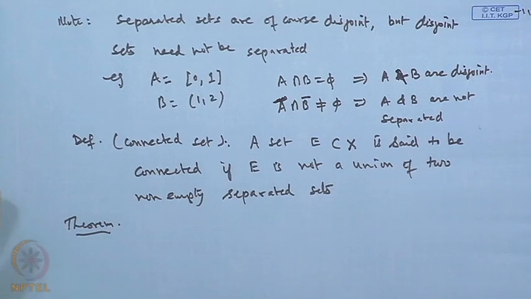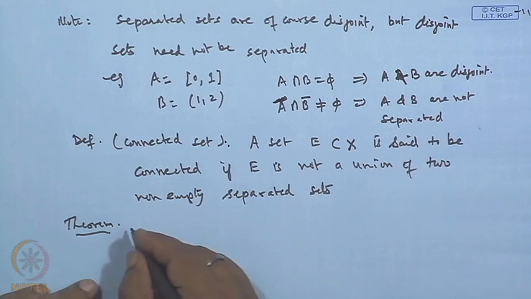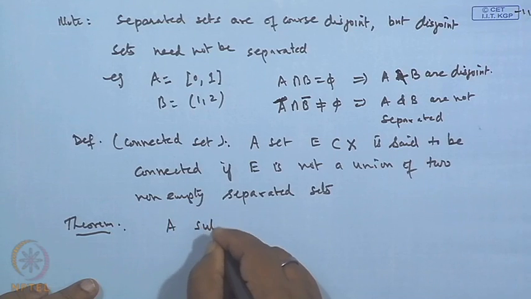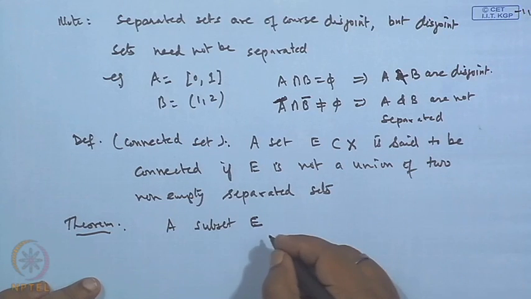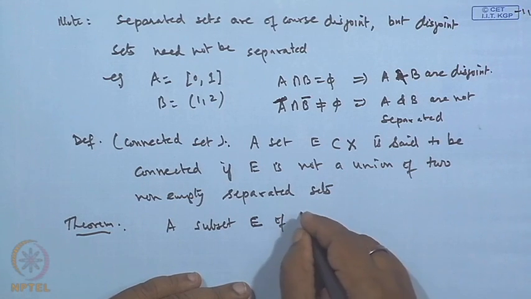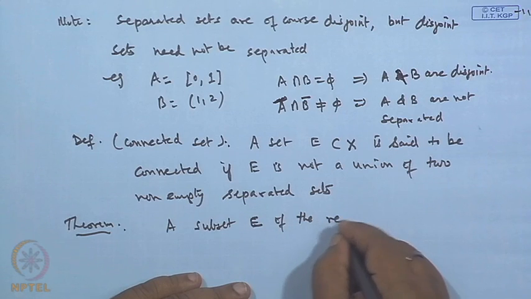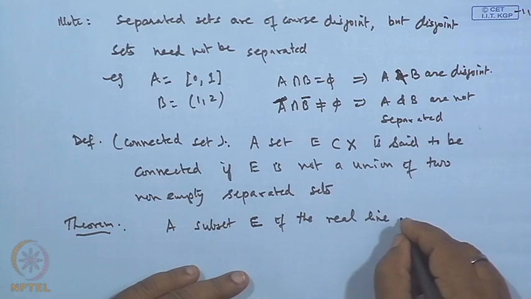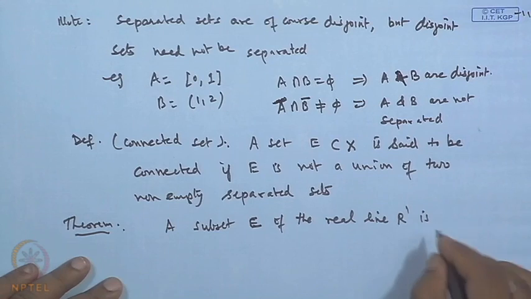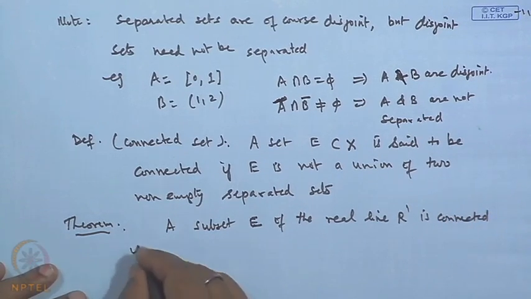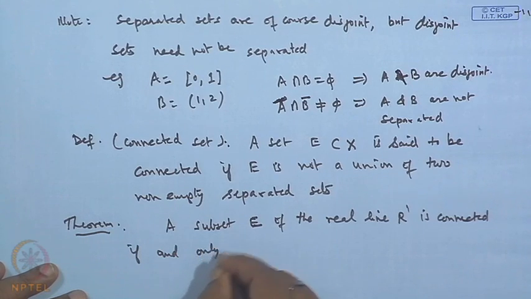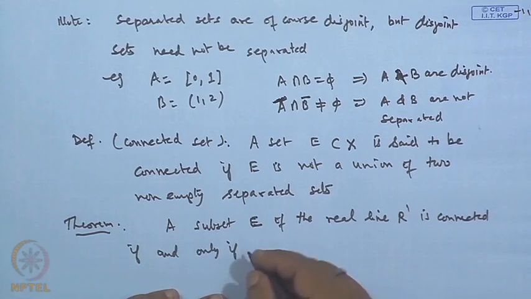So, this is now one result we have on connectedness over the real line. It says a subset E of the real line R1 is connected if and only if it has the following property.